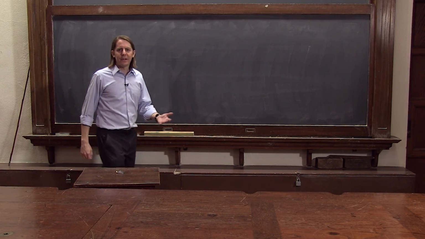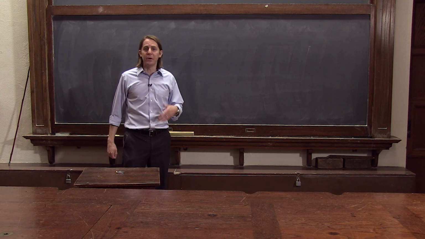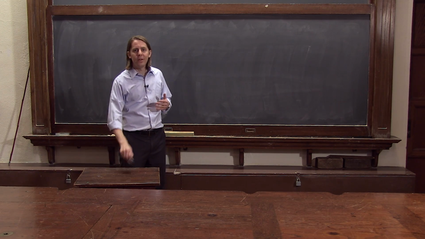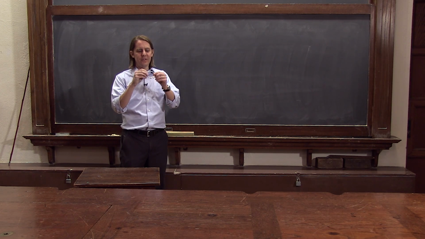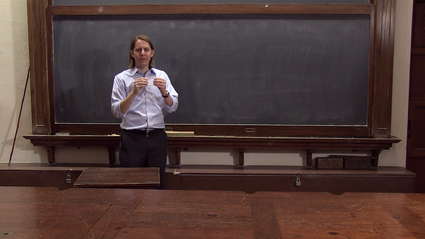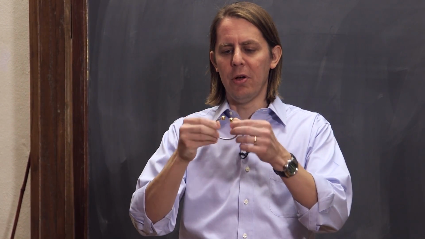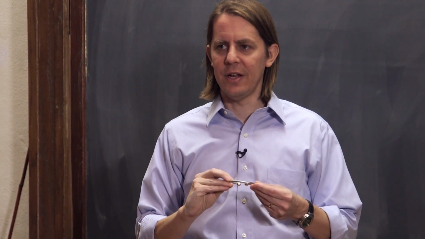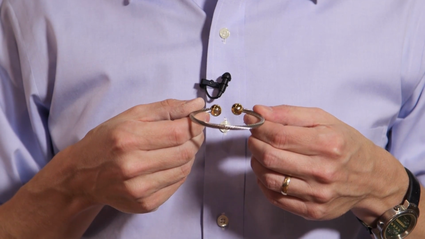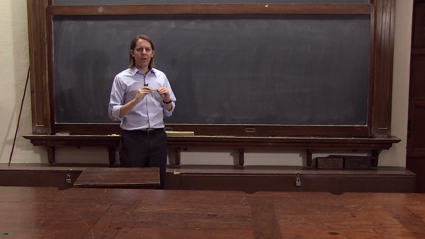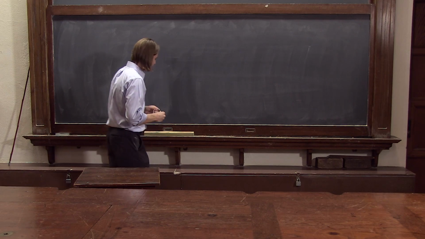So I've told you about the magnetic field lines around magnets and around the Earth. Many things have magnets in them and have magnetic field lines. One is this. You may have seen these little magnetic bracelets before, and it's a little silver band with gold balls, but if you look right on the inside edge of the balls here, there's 2 little magnets embedded inside. So let's think about what those magnets are doing.